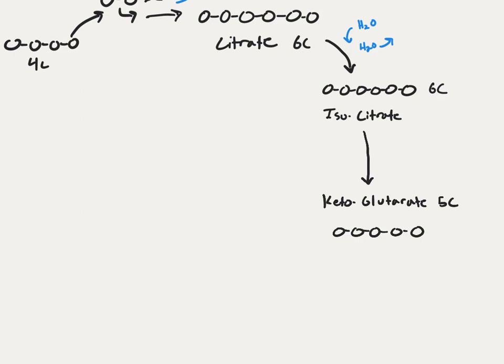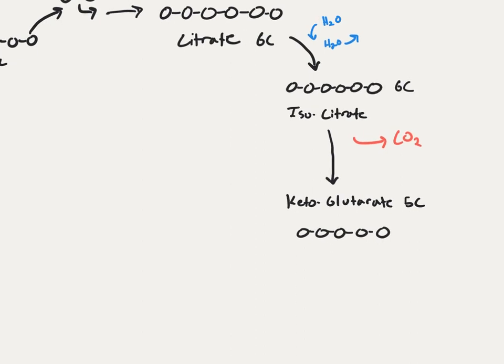Carbon dioxide. So in the conversion of isocitrate to ketoglutarate, it changes from 6 to 5 carbons. In doing so, a carbon dioxide is released, and that's where we lose the carbon. That CO2 is a waste product.